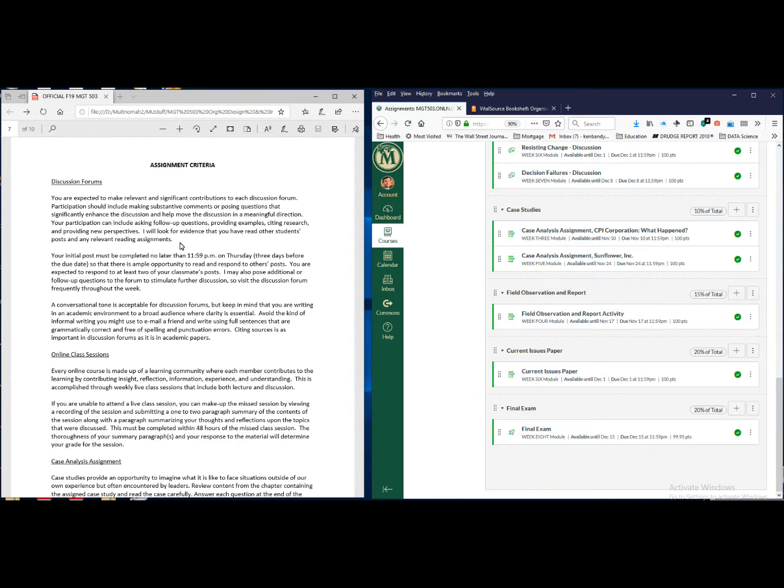Let's be teammates, not just spectators, all right? You can help each other. A lot of this work, clearly, you do on your own. But when you're in the discussion forums and in the live interactions, you can ask each other questions, encourage one another, thank one another for their contributions to you.